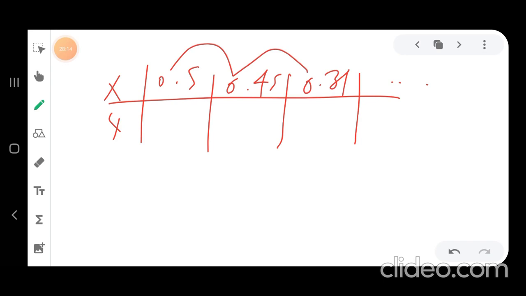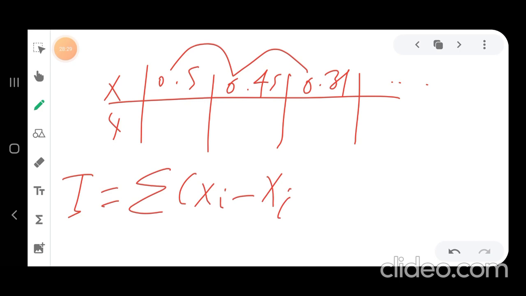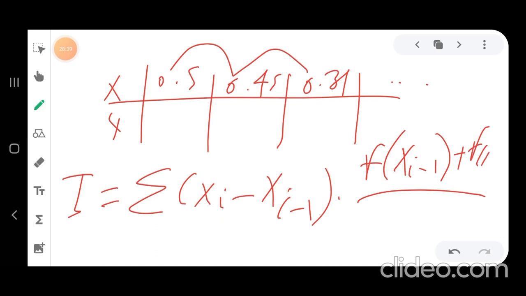Yes, there is. We can apply a modified form of the trapezoidal rule in this form: the integration I is equal to the summation of xi minus xi minus 1, multiplied by f of xi minus 1 plus f of xi, divided by 2.